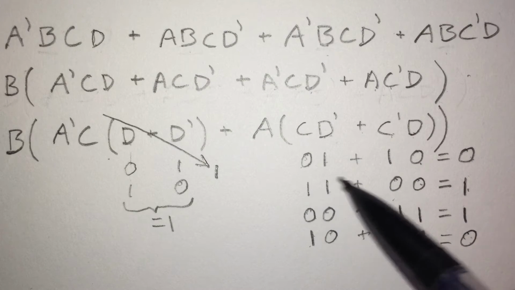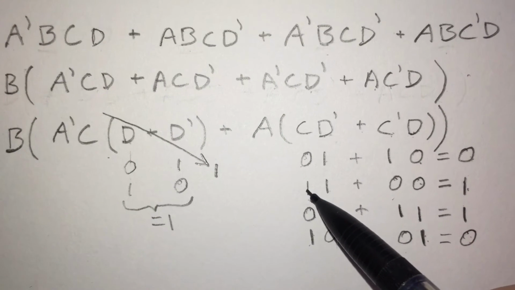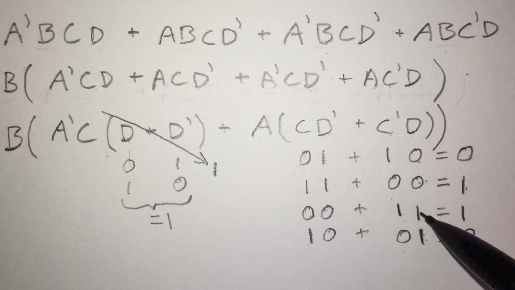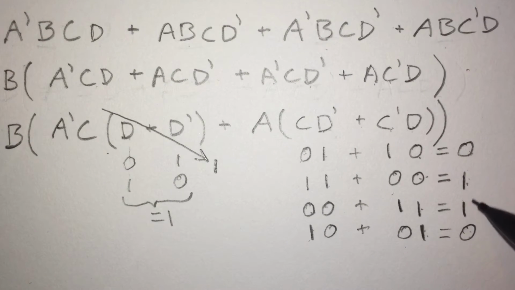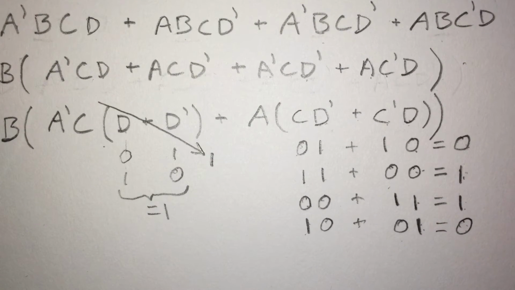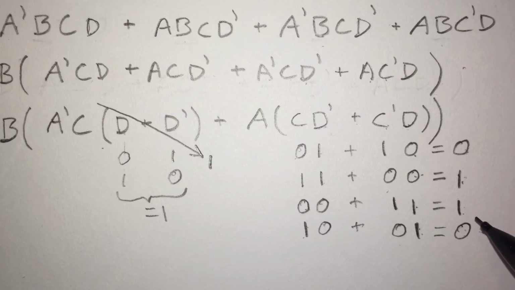However, when the two inputs are different, as you can see here, C is 1, D is 0, C is 0, D is 1, the outputs are 1. So, what does that mean?